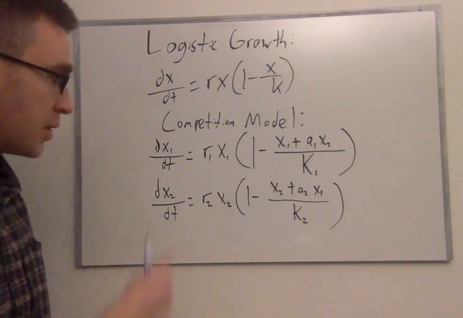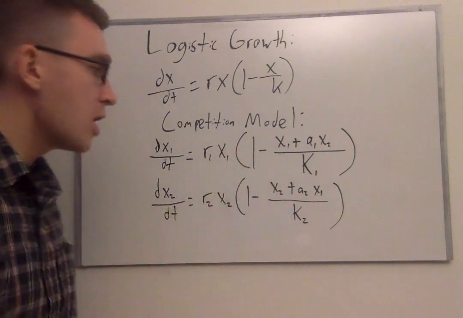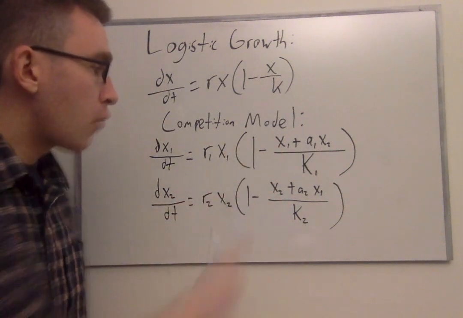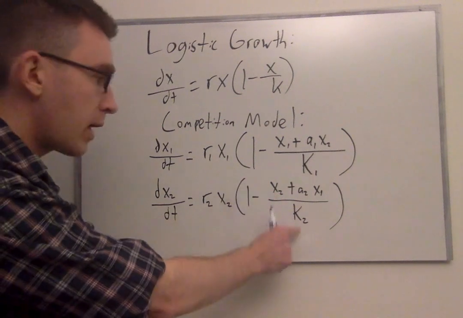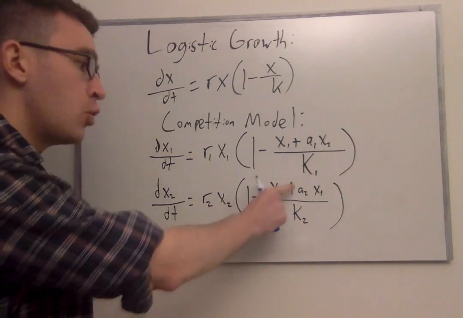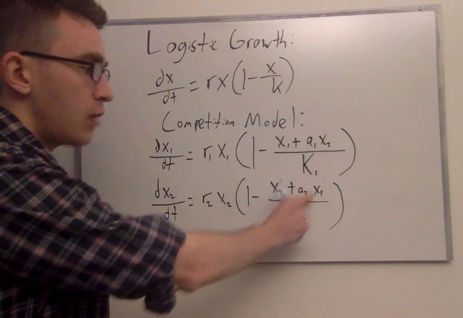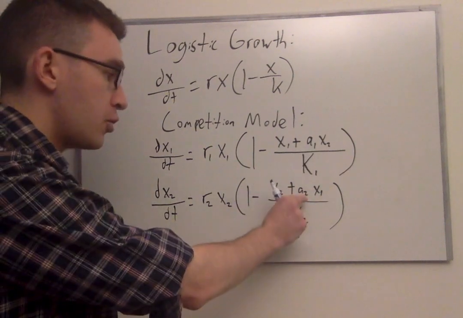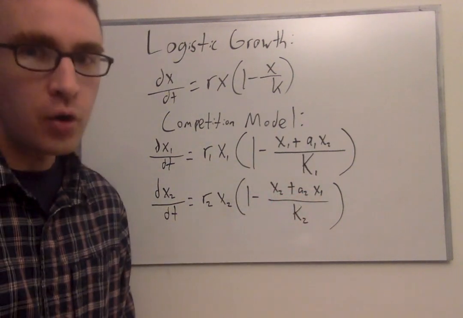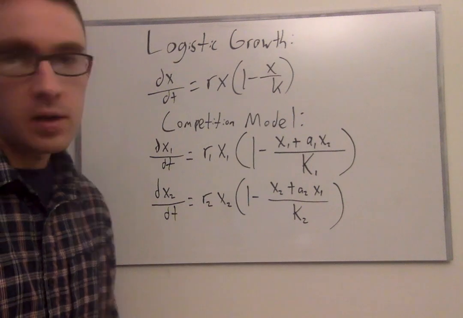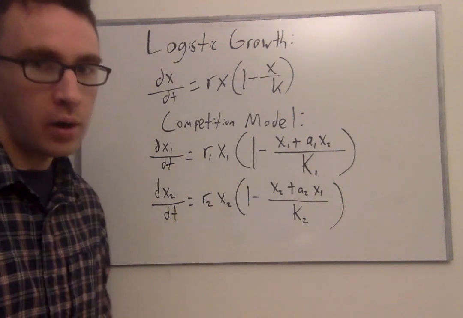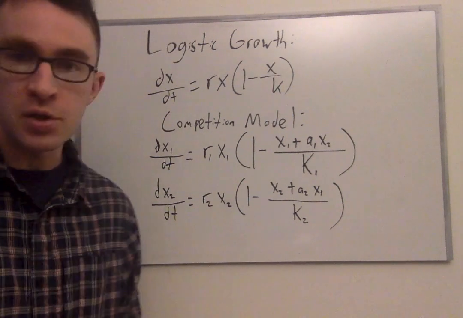And then again, species two, same thing. It's just a mirror image. So rather than just being x2 over k2, we have x2 plus a2 times x1, where a2 is some constant parameter determining the effect of species one on filling up the carrying capacity of species two.